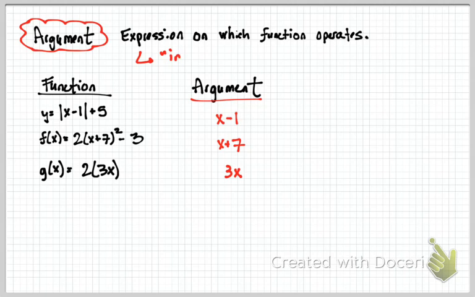What's another way of describing it? Nicholas? The parent. What do you mean by that? I like it. It's like the main part of the equation. Isn't this kind of like the family?